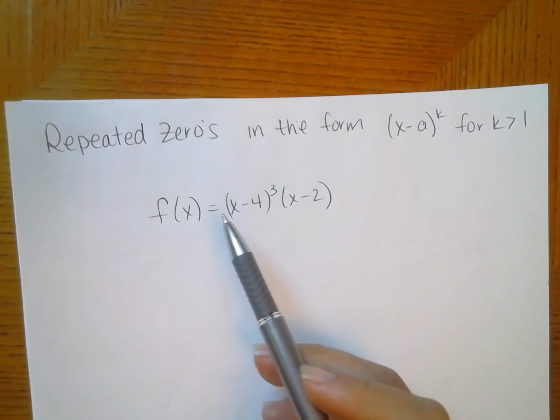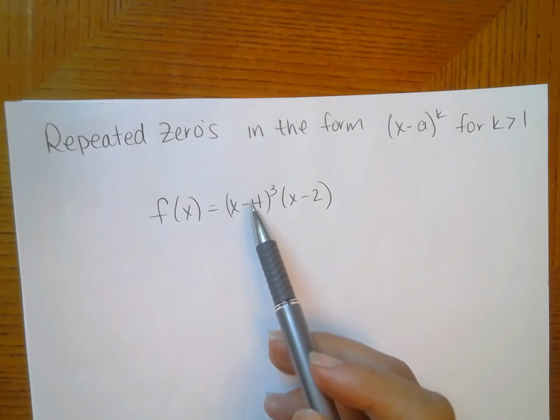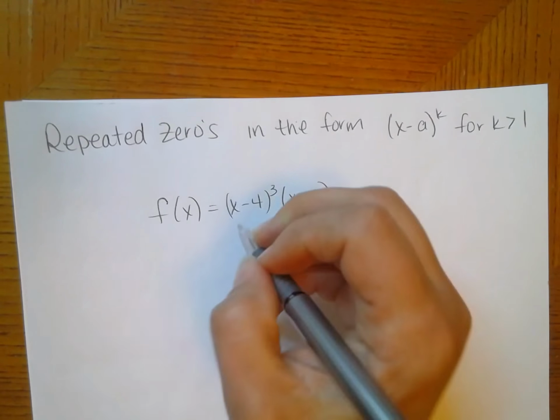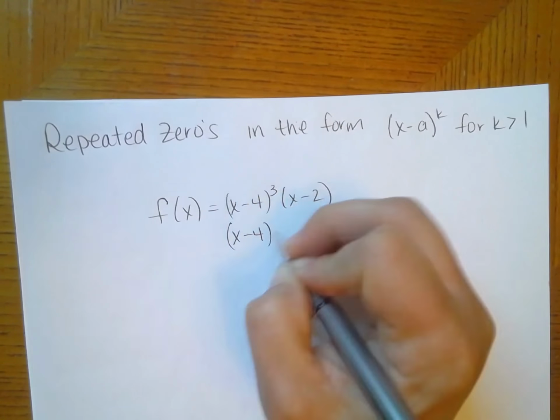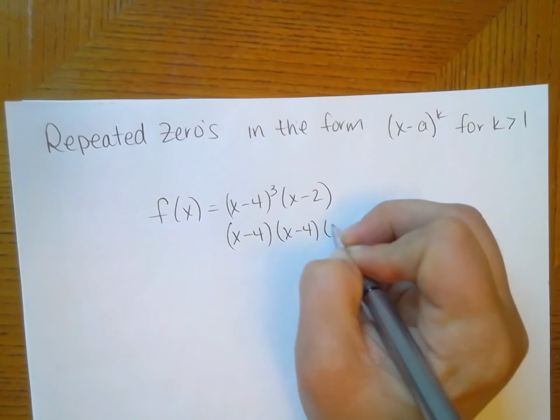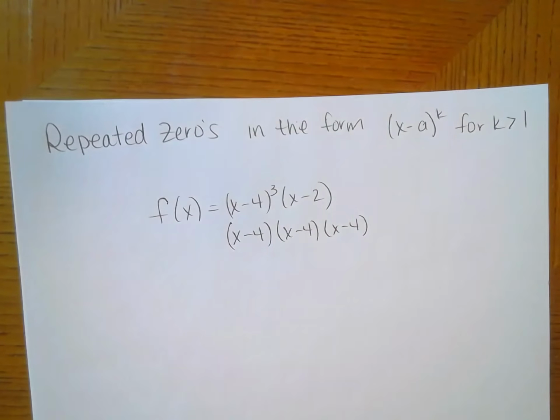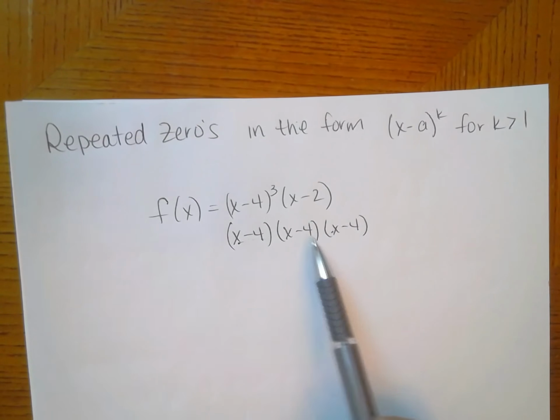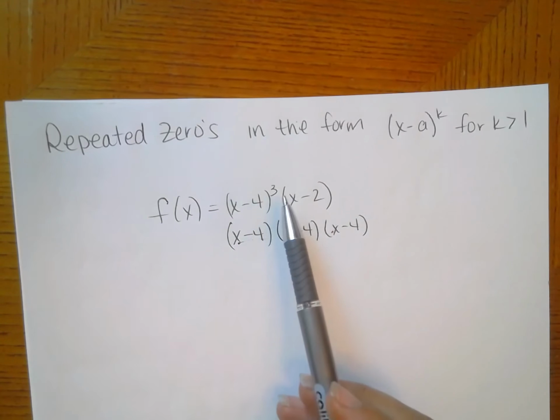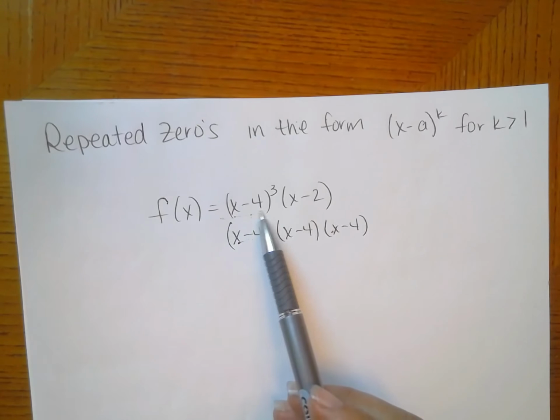The x minus 4 with the 3 is a repeated zero. Technically I could write it out 3 times, which is what it literally means, but we factor and set them equal to 0, so there's no point in unfactoring this. So this particular factor is considered a repeated zero.